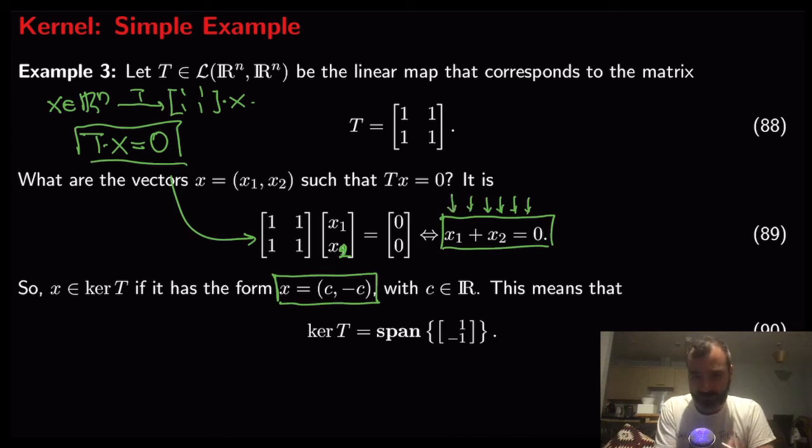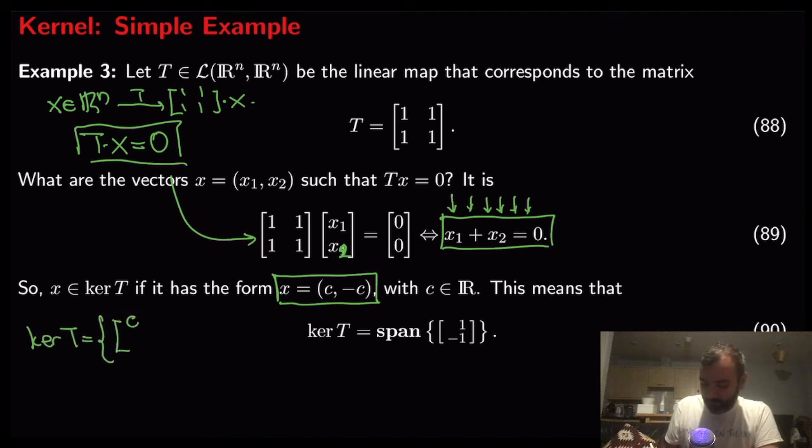To put it differently, these are exactly the vectors that satisfy this equation. This means now that the kernel of T is the set of all vectors of the form (C, minus C), which is the set of C times (1, minus 1), where C is a real number.